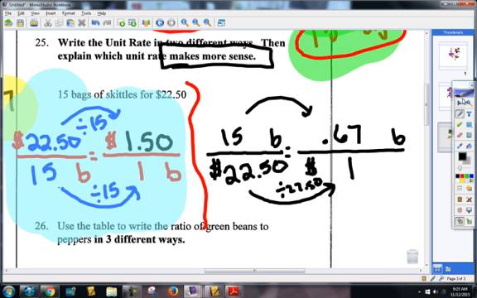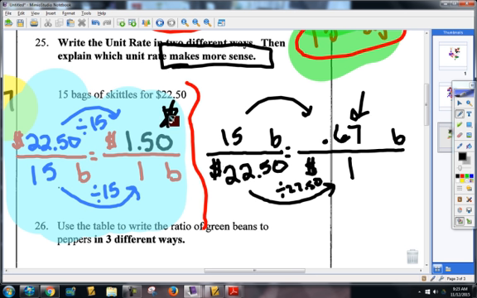I can come up with $1.50. But if I walk into Walmart and I hand them $1, are they going to be able to give me that amount of Skittles? No, because they're not going to rip open a bag and give you 2/3 of it. 0.67 is about 2/3. It's not going to happen, right? So obviously this one would make more sense.